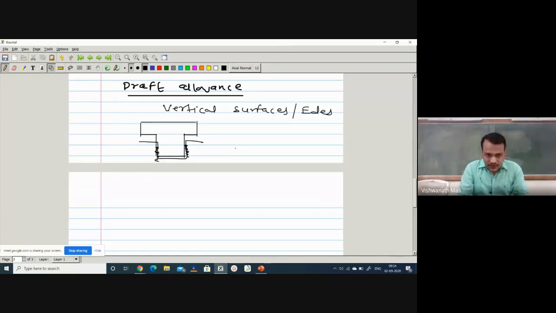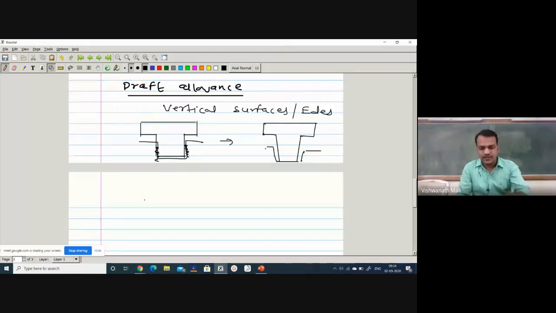In order to avoid that, we give a small taper, in terms of taper angle, and then we remove it. While removing it, there will be a gap, so it will not touch the surfaces and we can easily remove it.